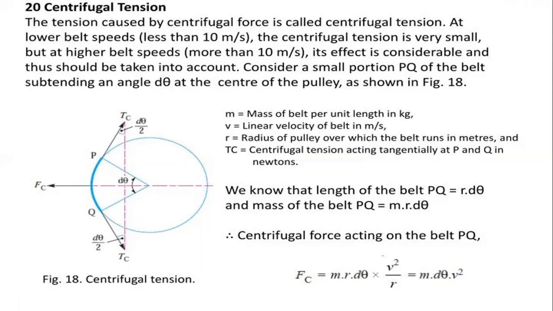Small m is the mass of the belt per unit length, small v is the linear velocity of the belt, and small r is the radius of the pulley over which the belt runs, in meters. And Tc is the centrifugal tension acting tangentially at P and Q, in newtons. So these are the notations.